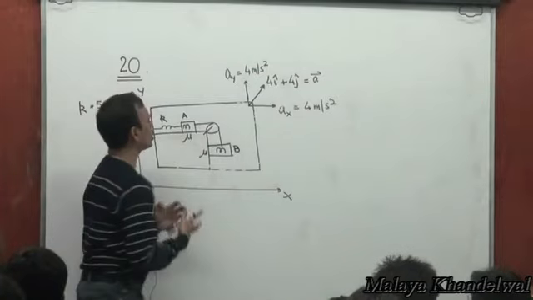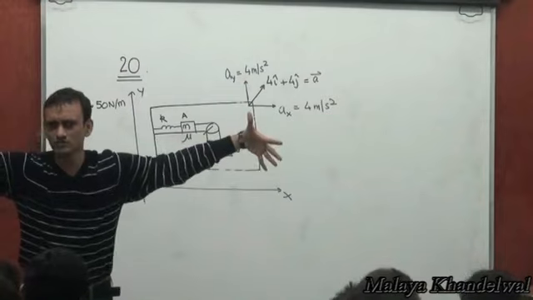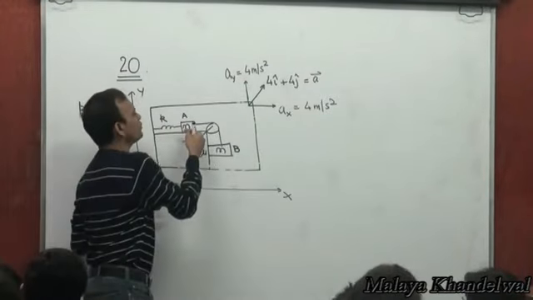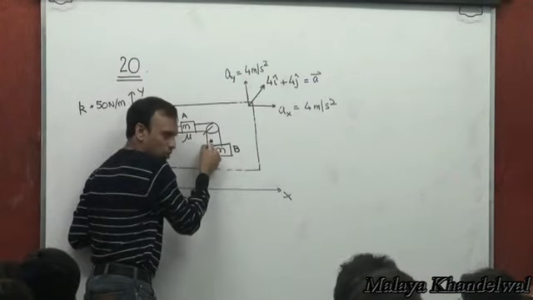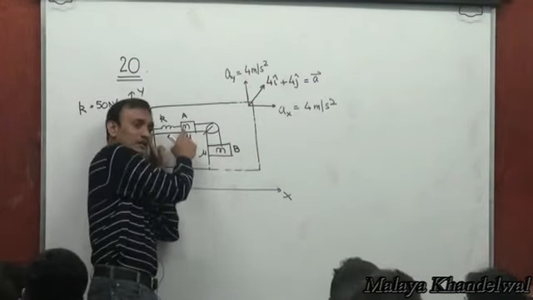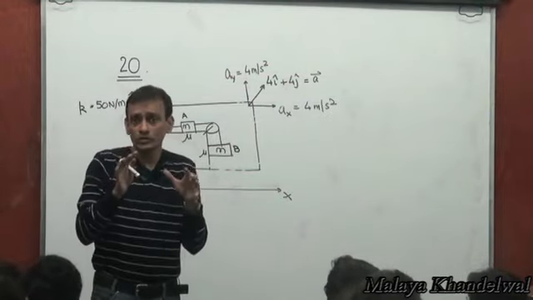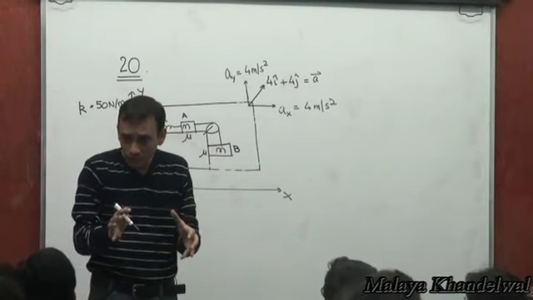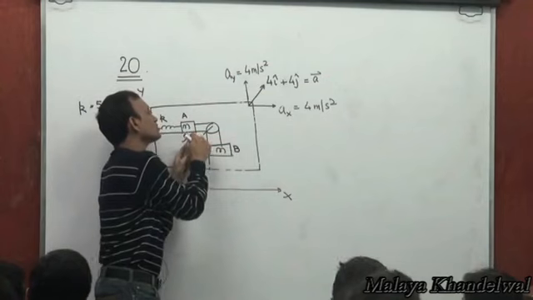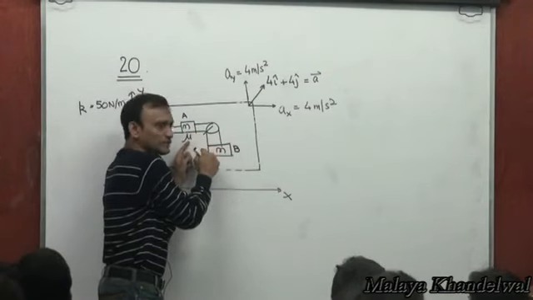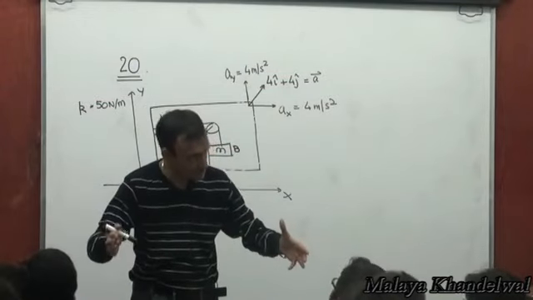Now, one thing for sure, if mu is very large, then no matter what, there would be no relative motion between this M and the block, and the spring will remain unstretched. If you lower the values of mu, there would be greater possibility for the mass and the block to slide with respect to each other, and a greater possibility for the spring to get stretched.